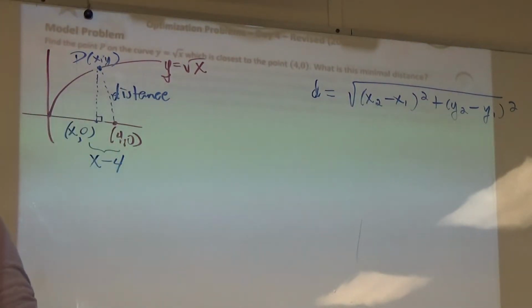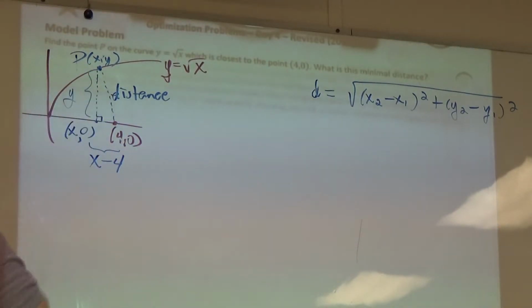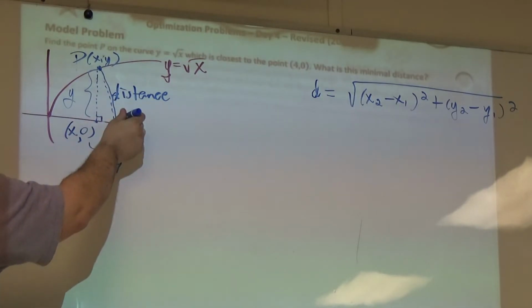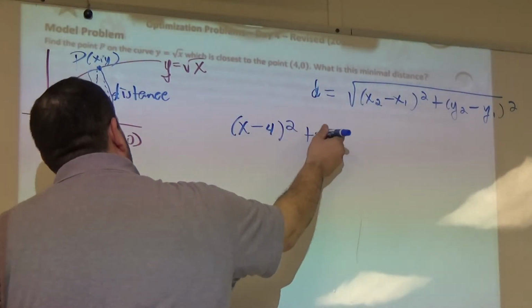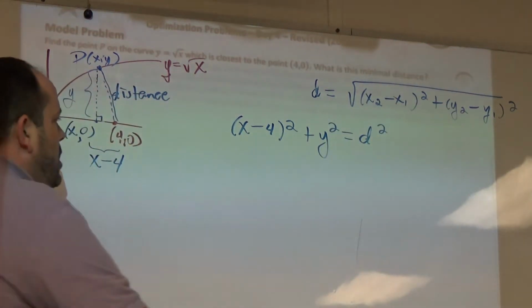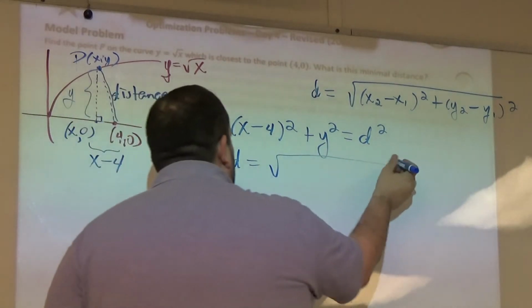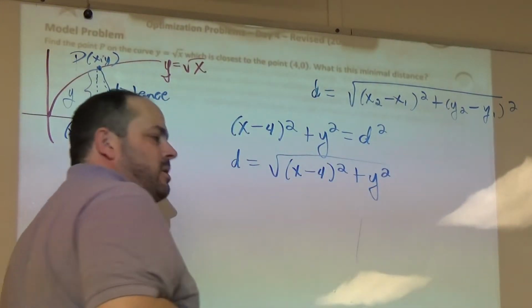How tall? Just y. What I want is this distance here. By the Pythagorean theorem, x minus 4 squared plus y squared equals d squared. Or even better, d is the square root of x minus 4 squared plus y squared.